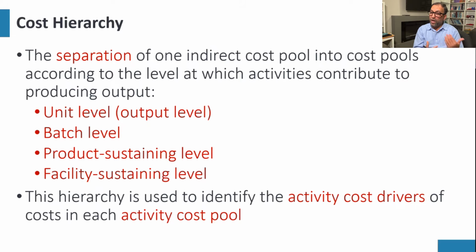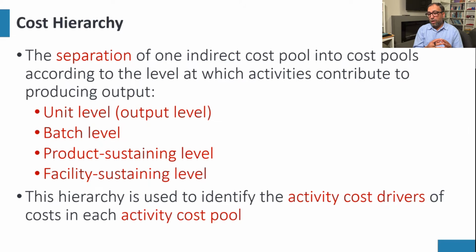So it's batch-wise production. Then comes the product sustaining level, that we want to produce goods and we have to maintain the plant. Normally the depreciation and maintenance costs are those that we are doing at a product sustaining level.